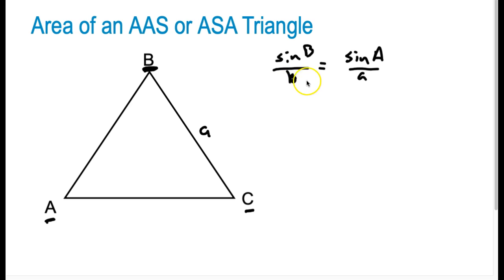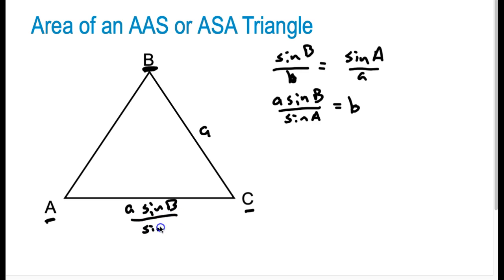So I would multiply the B over and then multiply both sides by the reciprocal, and we end up with A times the sine of B over the sine of A is equal to B. So this side here is equal to A sine of B over sine of A. We just used the law of sines to find that, something we've already talked about.